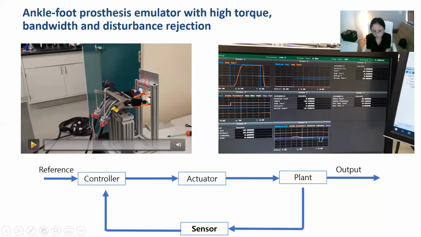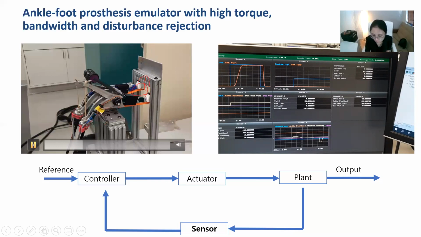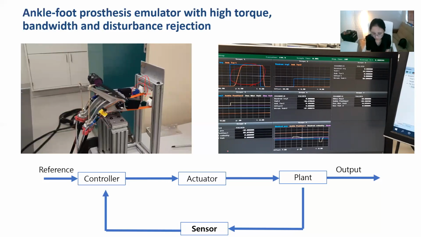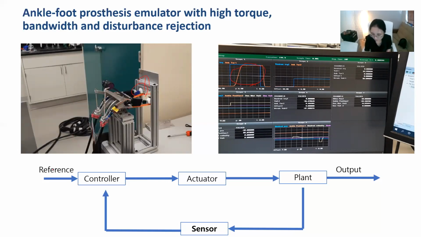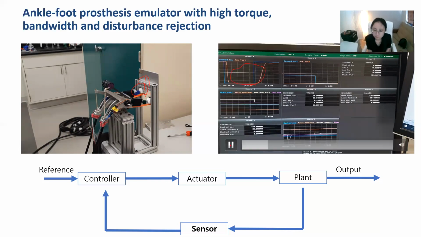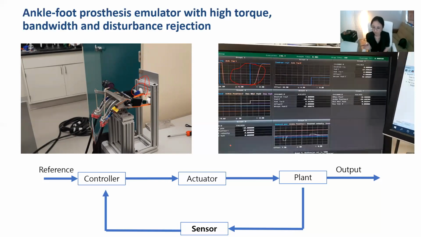Let's see, can you see? These two push this bar, which is shown here. Like the blue is the desired torque and orange is the actual torque.